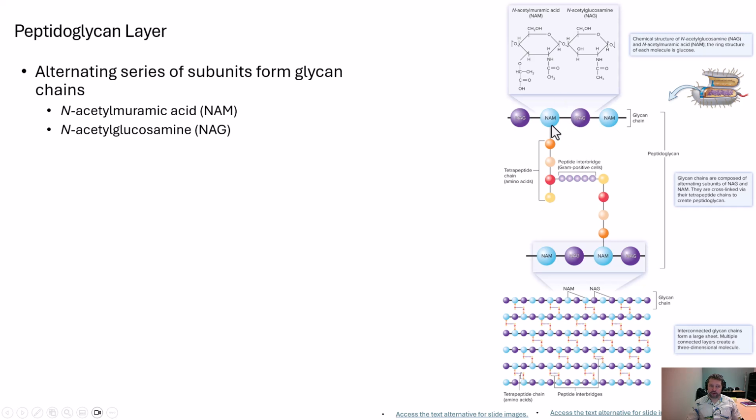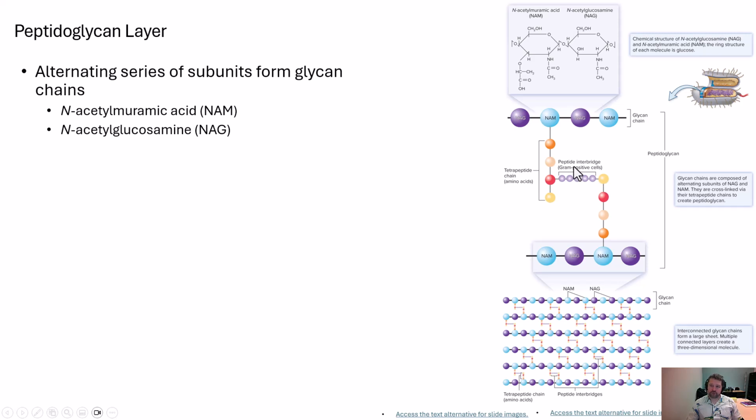Well, the NAM will have a peptide or a tetrapeptide chain that comes off of it, a series of amino acids, and then the chains that come off of those branches will have a peptide interbridge between those two chains. And you might say, who cares? What does this matter? Well, that peptide interbridge is how penicillin works.